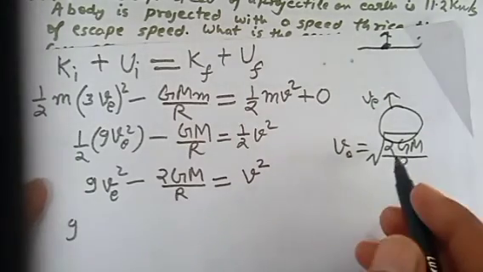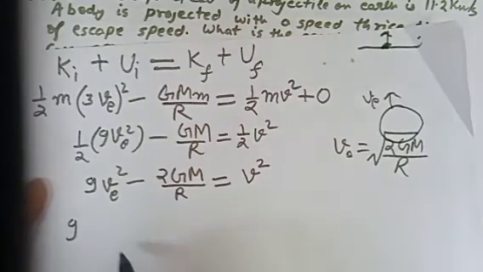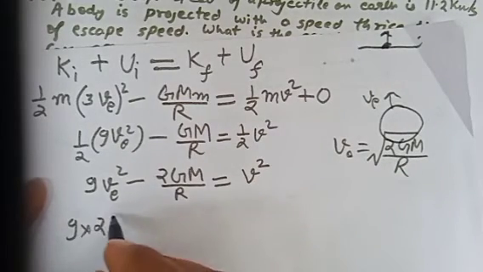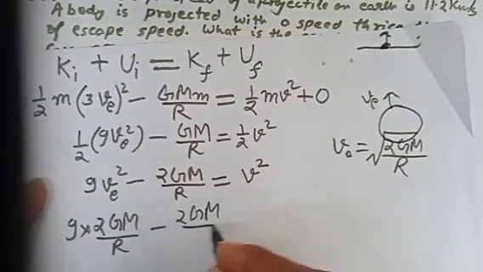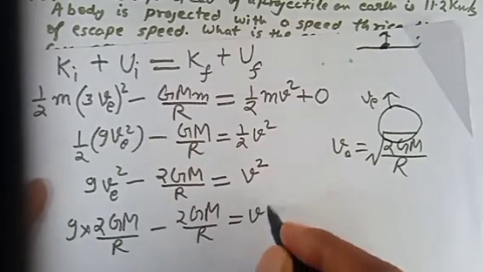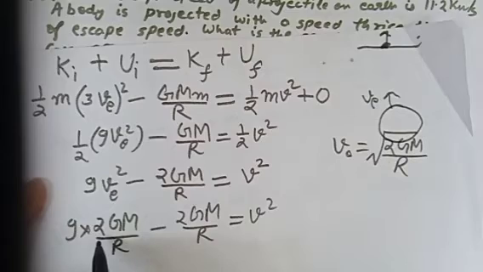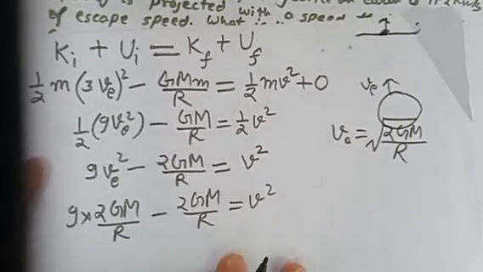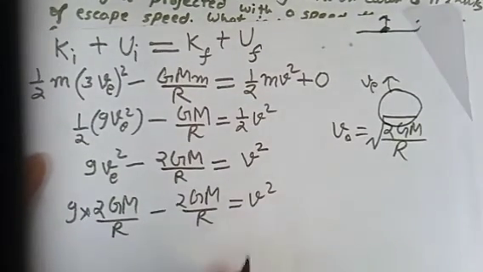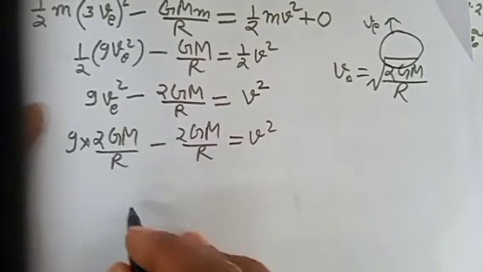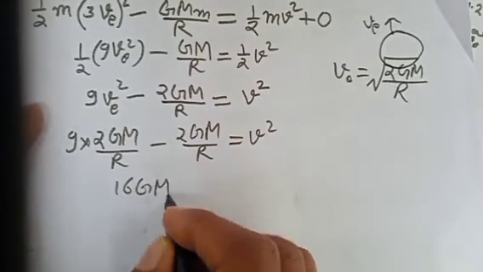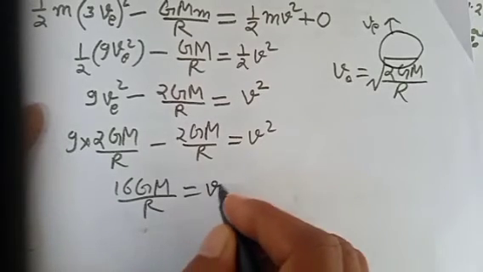Squaring that, the root will be removed, so it will be 18 GM upon r minus 2 GM upon r equal to v square. What will be 18 minus 2? That is 16. I'm doing it directly, you can also do it directly, 16 GM by r equal to v square.